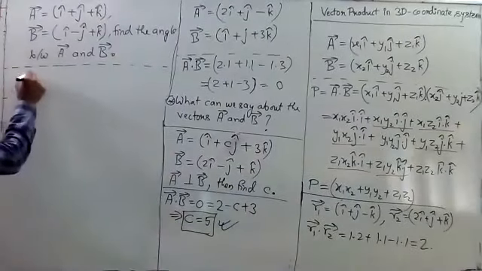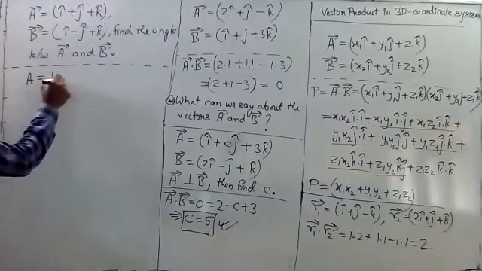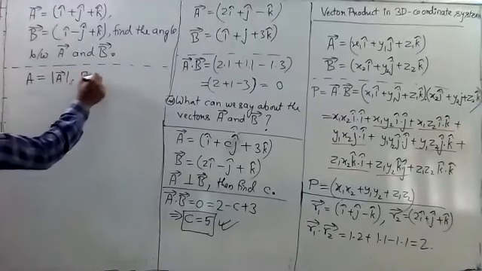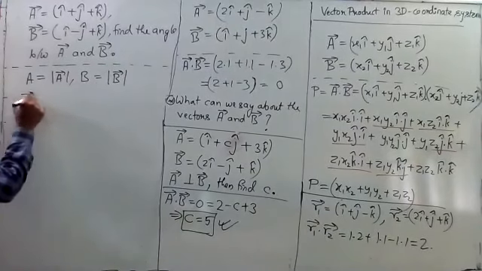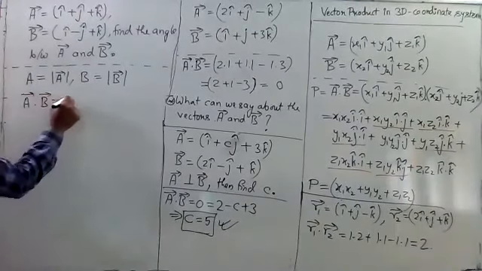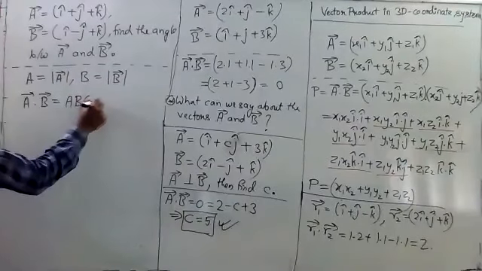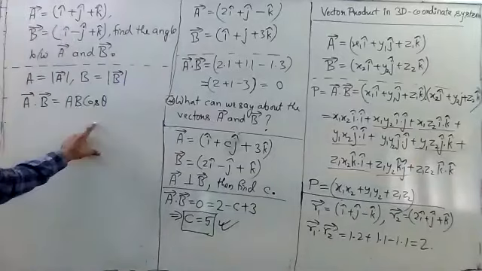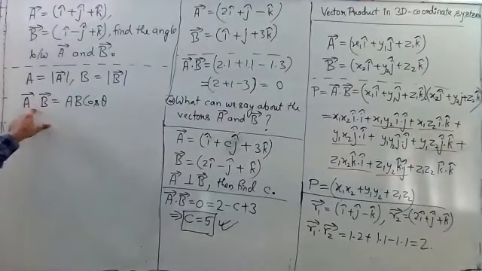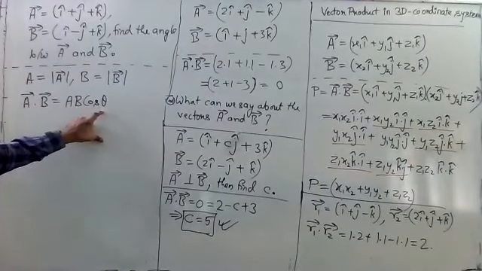If I take A equal to mod A and B equal to mod B, what can I write? A dot B is equal to AB cos theta. If I need to find the angle, I need an equation based on theta. So if I apply the dot operator, I am getting theta in the equation.